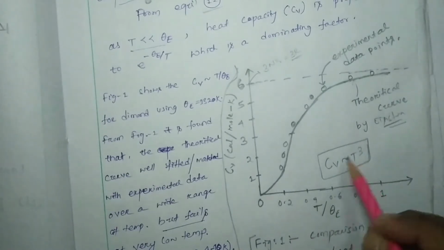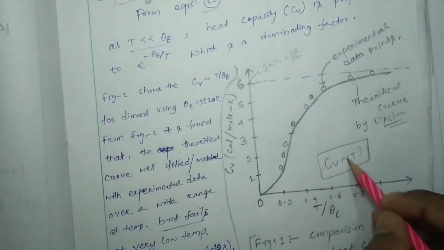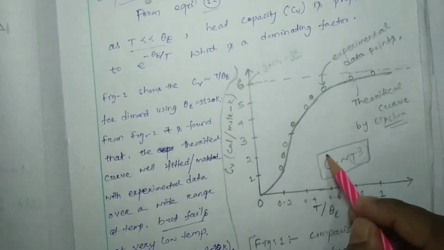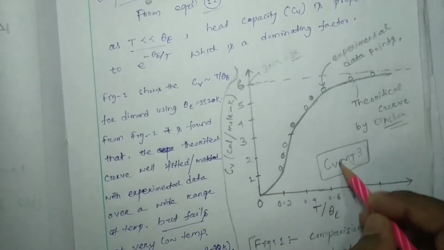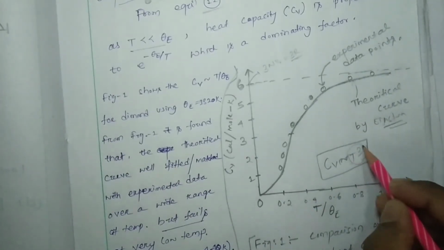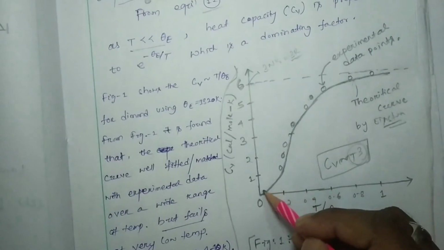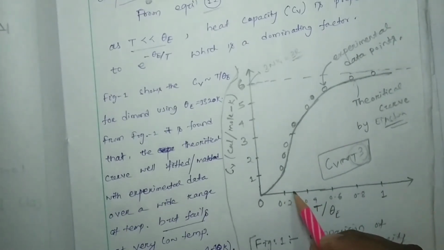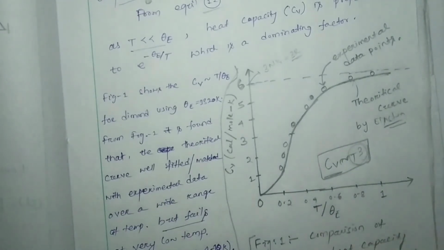That means Cv varies with T cubed, increasing and decreasing with it, at lower temperature for crystalline materials.